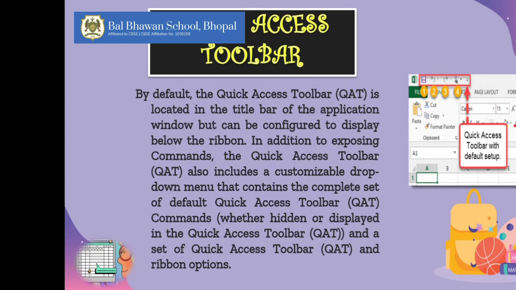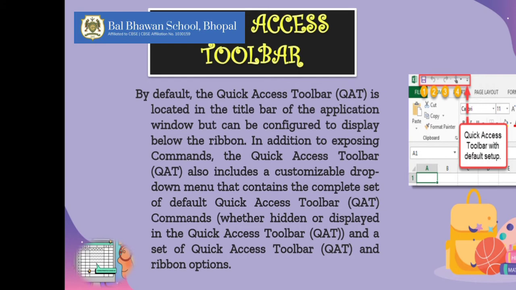So here you can see the first part is the quick access toolbar. By default, the quick access toolbar is located in the title bar of the application window, but it can be configured to display below the ribbon also.